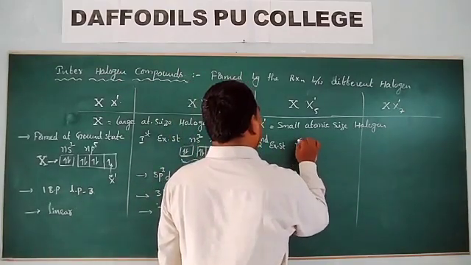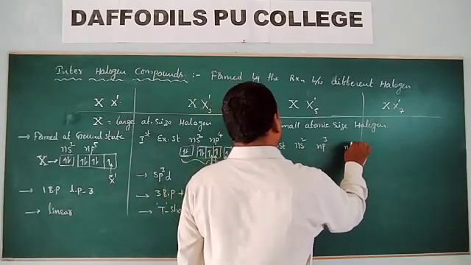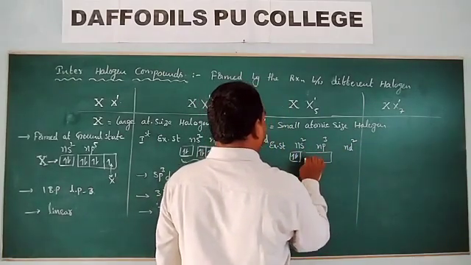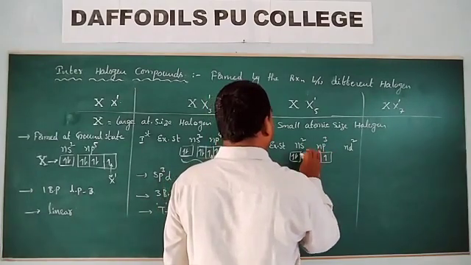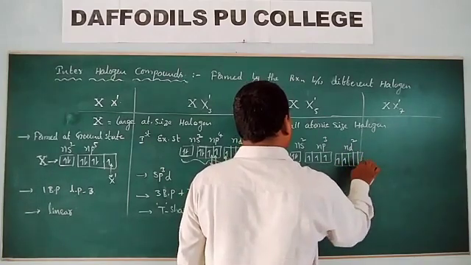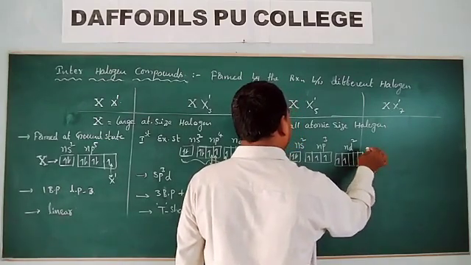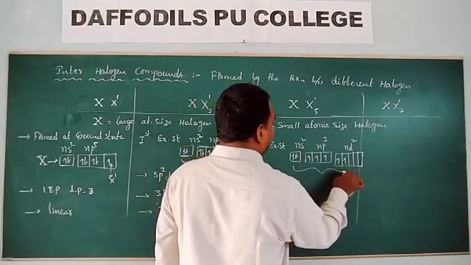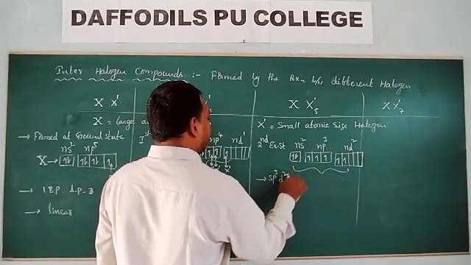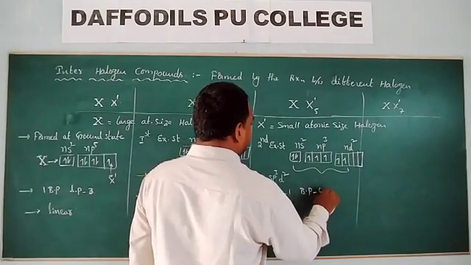The electronic configuration is ns2, np3, nd2. This is the electronic configuration. Hybridization: sp3d2 hybridization, 1 lone pair, 5 bond pairs.